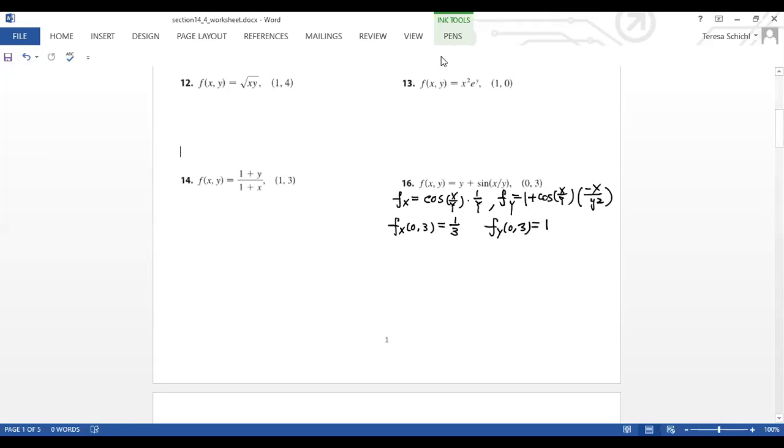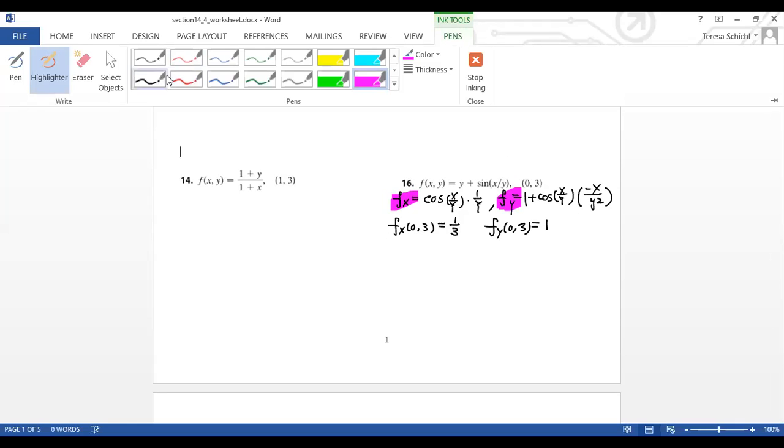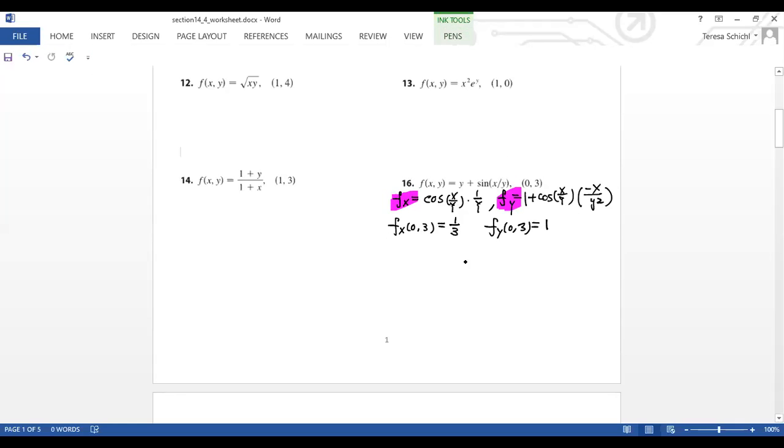Because the problem says the function is differentiable, the reason why is that if you take a look at f_x and f_y, they are both continuous functions, except at y equal to 0.